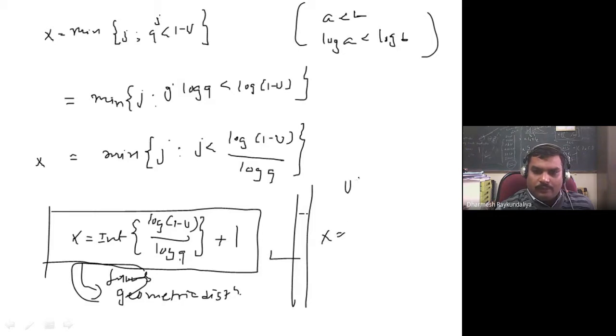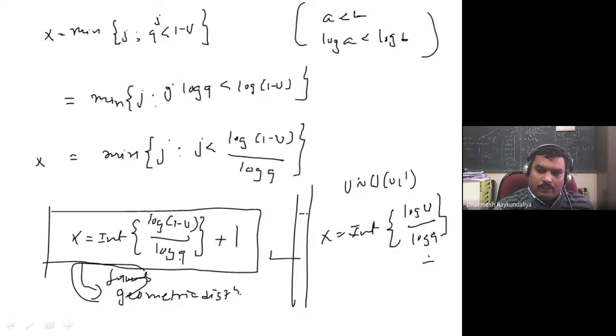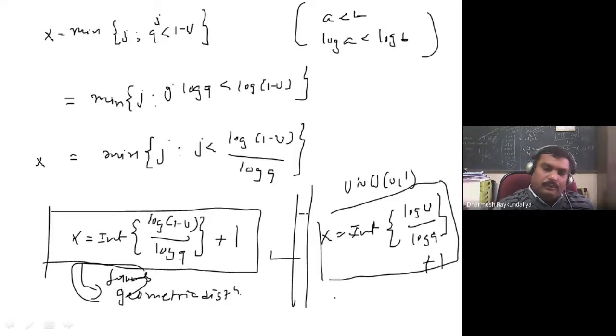Because u is from uniform 0 1, so 1 minus u is also from 0 to 1. So you can also use the expression log u upon log q, take the integer part, plus 1. This generates random numbers from a geometric distribution with probability of success p. Any questions, anyone?